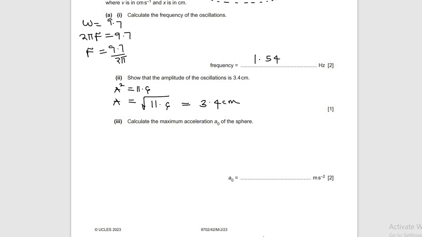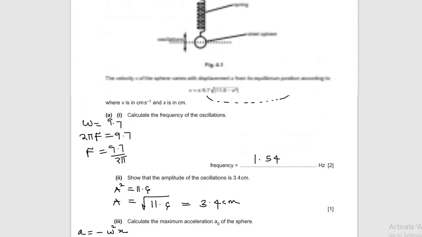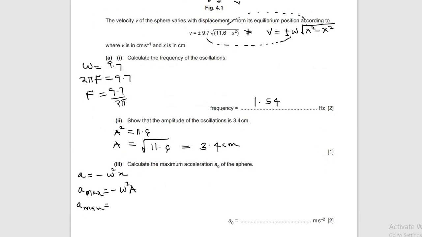Calculate the maximum acceleration. Simple harmonic motion. Acceleration in simple harmonic motion is minus W squared x, but maximum acceleration is minus W squared A. We already have omega, W, which is 9.7.